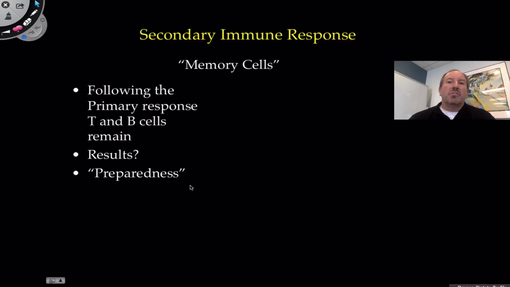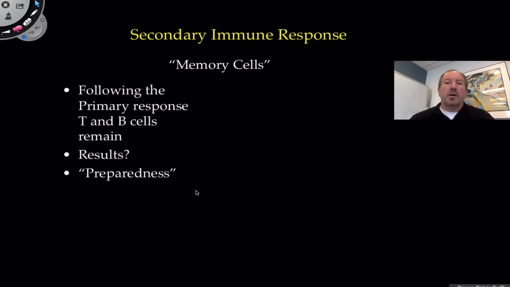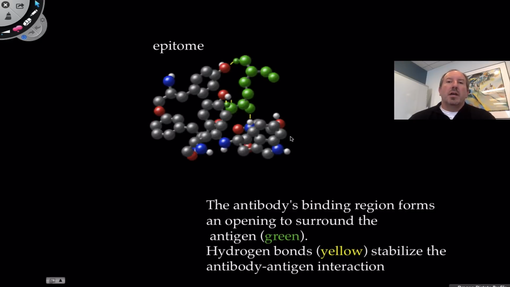The immune system's all about preparedness. It's as if the second time around, you're like, hey, I've seen that germ before, and so there's a quick response. The heart of the immune system comes from the fact that you have, for example, an antibody, and this is showing just the variable region. Let me see if I can animate this a little bit.